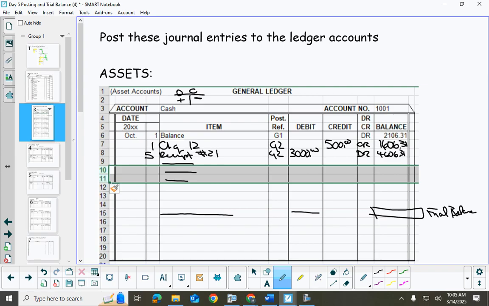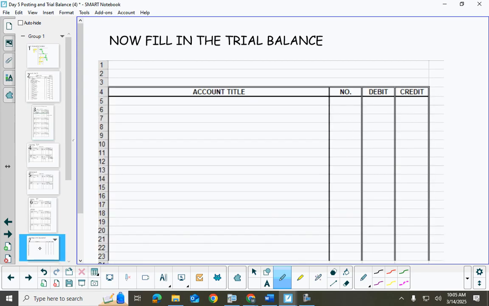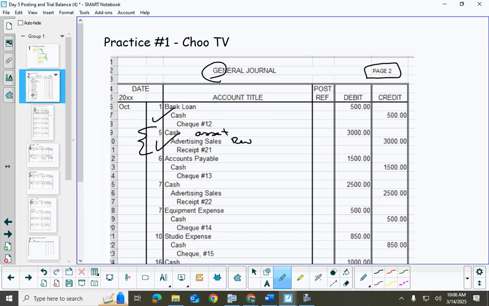So the new form that we need to talk about is something called the trial balance. Again, it's who, what, when. So the name of my company, did I even give you?